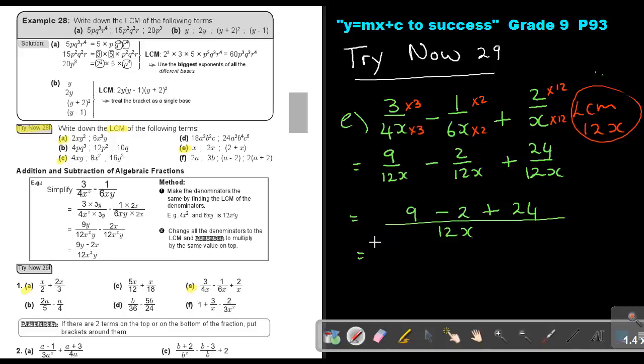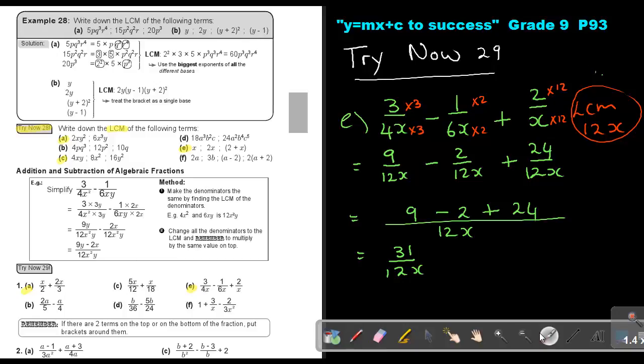So 9 minus 2, what will that be? It's 7. Okay, so 7 plus 24, it looks like 31 over 12x. So let's exercise this. This is number E. So it's 31 over 12x, and that's your final answer.